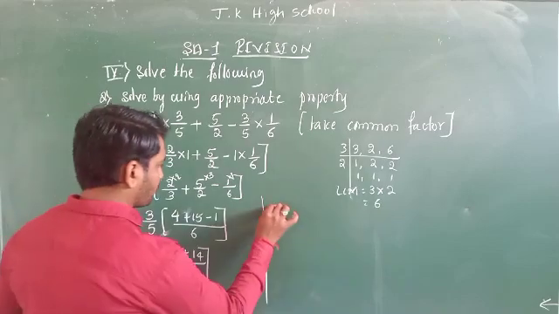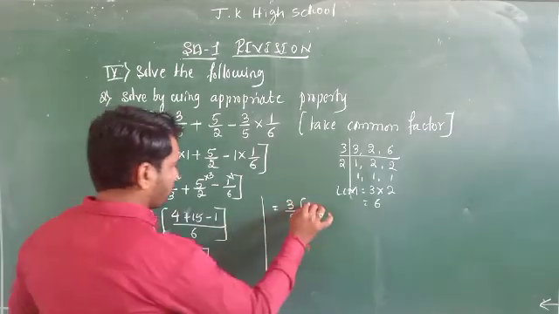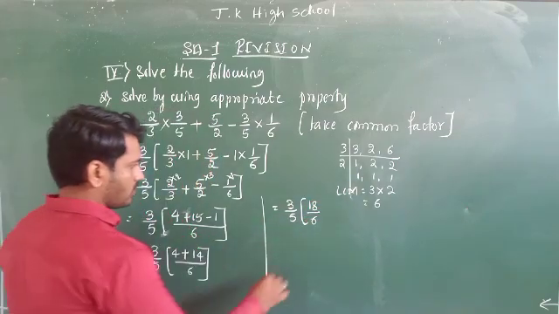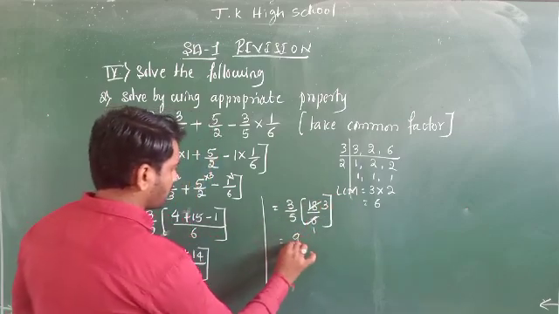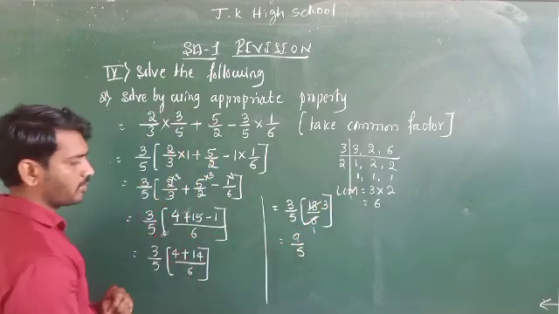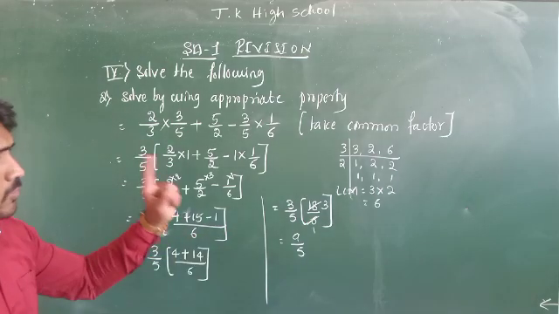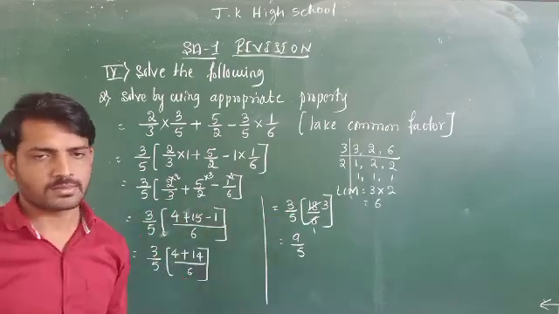Next, 3 by 5, 18 by 6, 6 1s are 6, 3 3s are 18, 3 3s are 9, whole divided by 5. So this is your final answer. Understanding? Use only one property, that is taking the common factor. That is the answer.